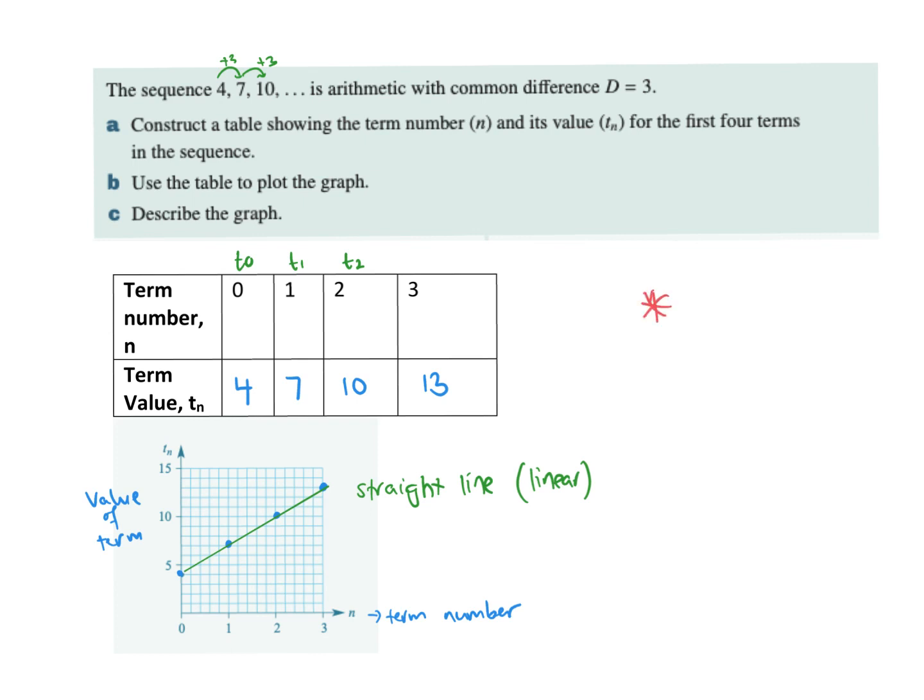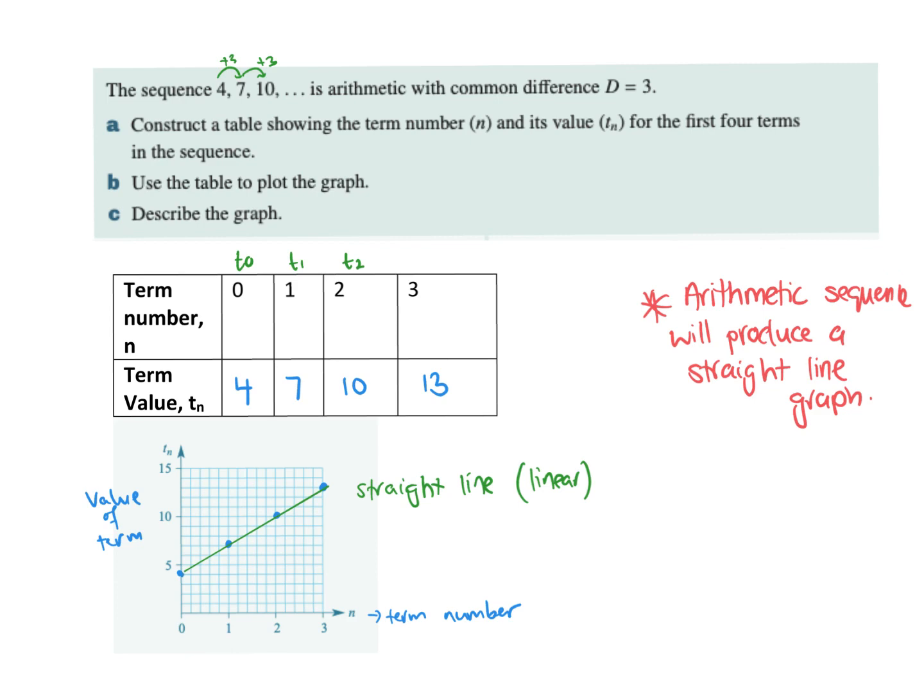So maybe write a little note here: an arithmetic sequence will produce a straight line graph. Because this one was adding 3, it went up. If you were subtracting 3, the line would go downwards, but it would still be a straight line. So if you see a straight line in a graph and they say what type of sequence is this, you'd say it's an arithmetic sequence because it's a straight line.